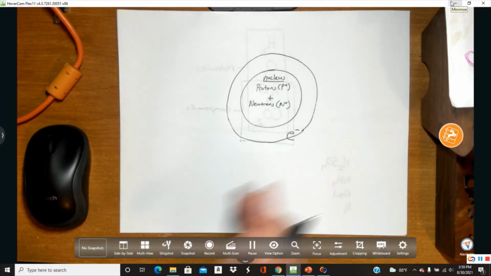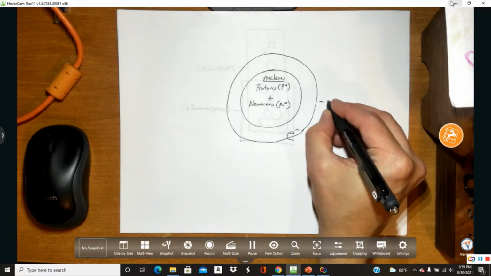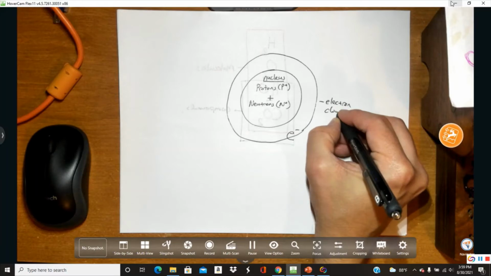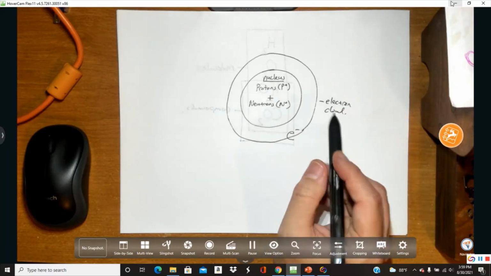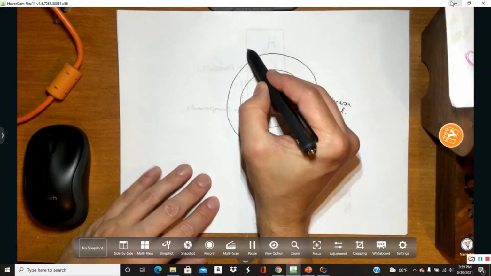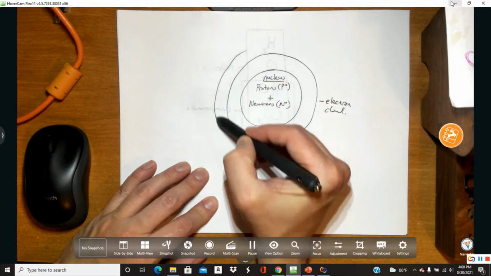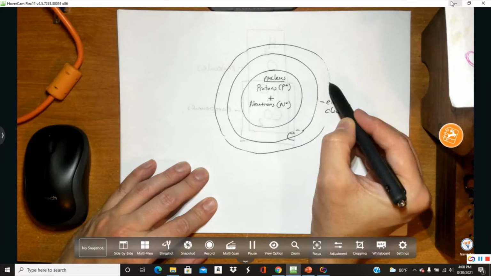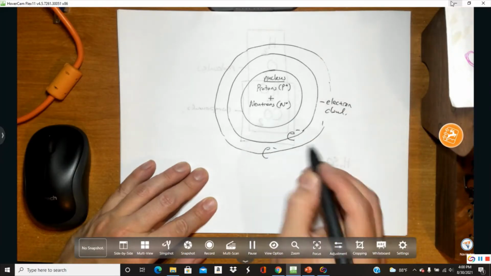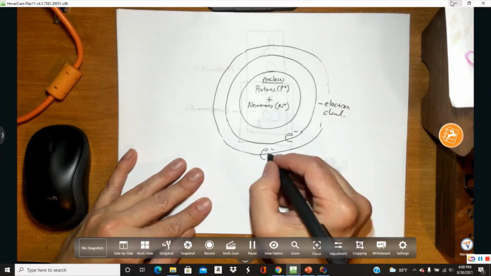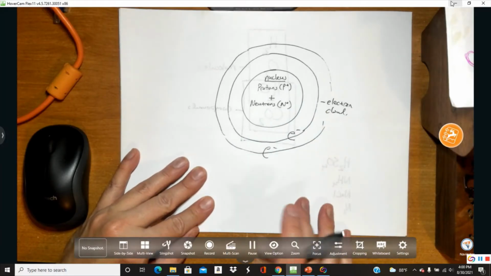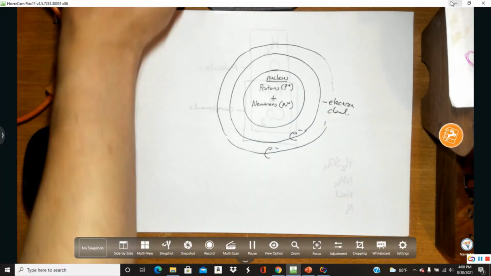Now, it's out here in what is called an electron cloud, in the orbits that exist in the cloud. Because there could be other electrons whiz-banging around, we could say the electron cloud surrounds the nucleus, so it contains everything.